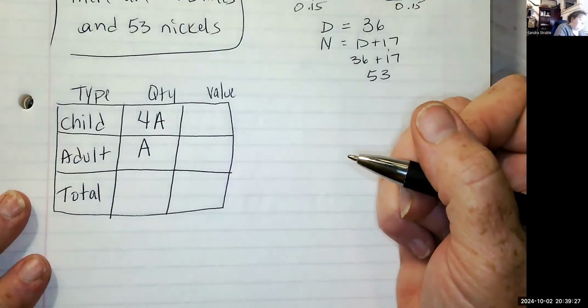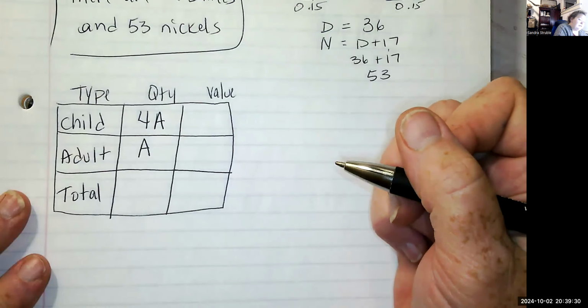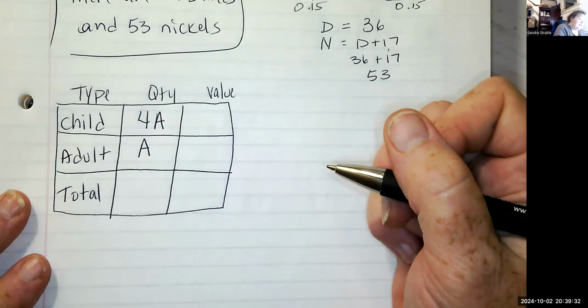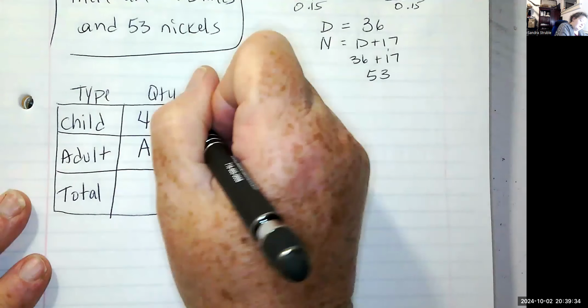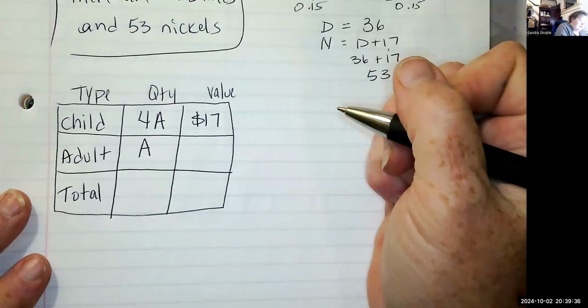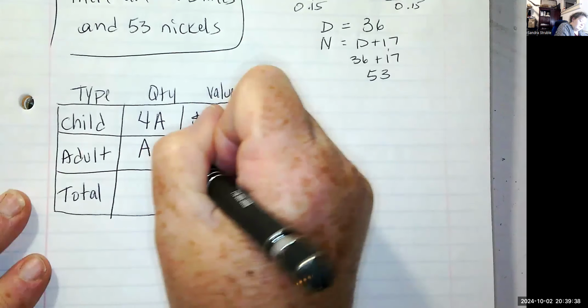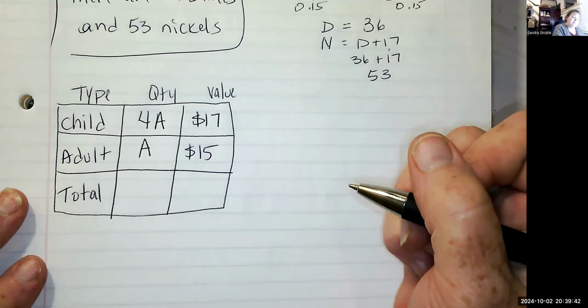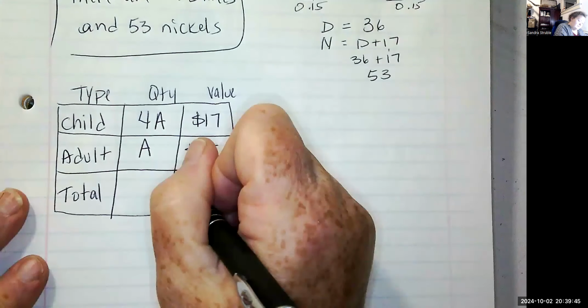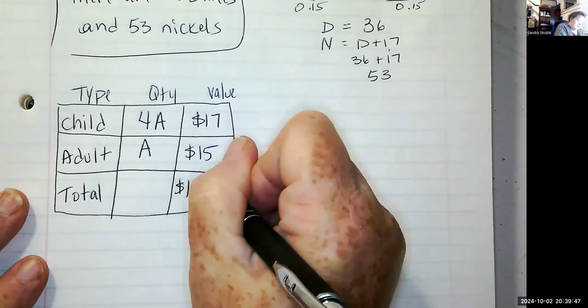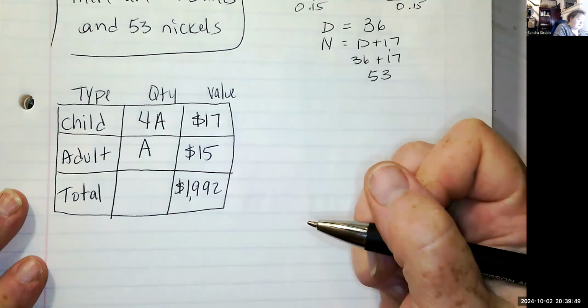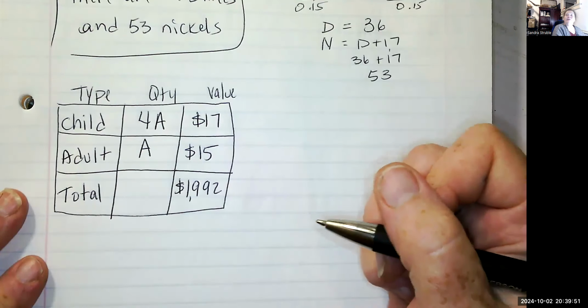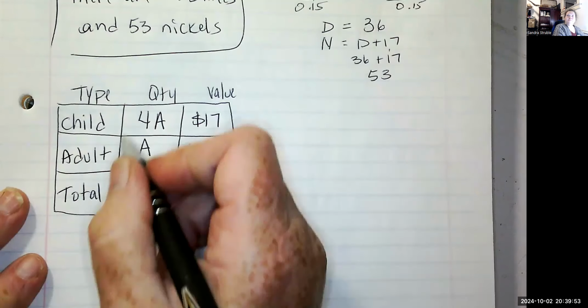All right. Sydney was greedy and was in it for the money, so she wanted to charge $17 for each child and $15 per adult. It worked out well, and this past Saturday they made $1,992. How many adults and children attended the festival? So how many tickets?